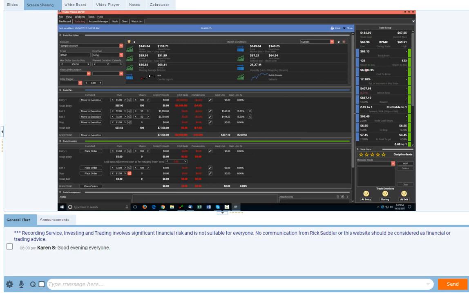It will tell you how many shares to buy in order to keep your stop loss below the value that you set. And again, that depends on how you decide to set your stops.